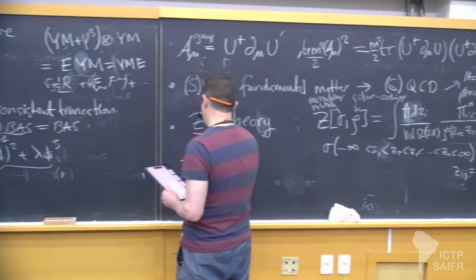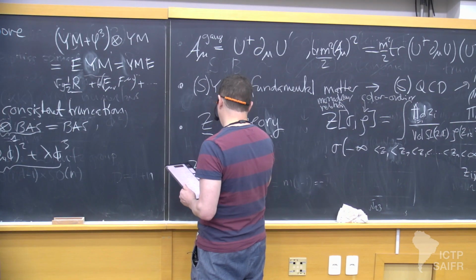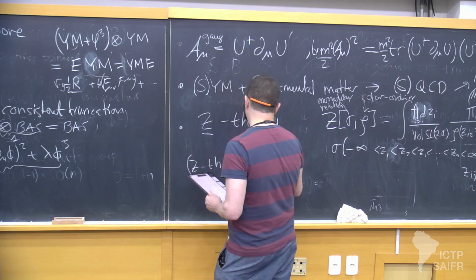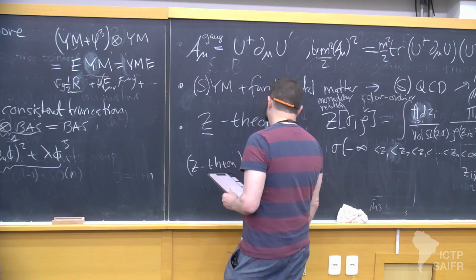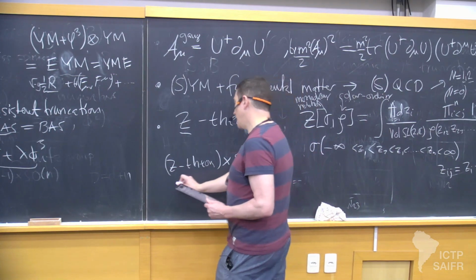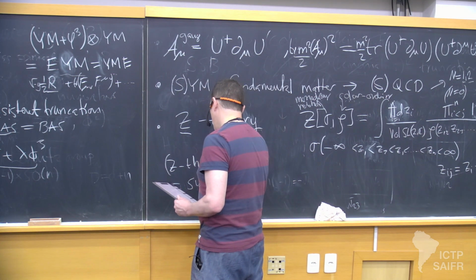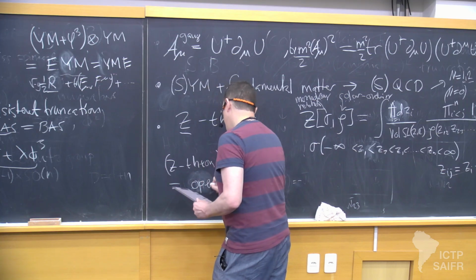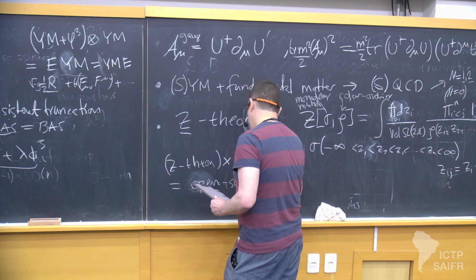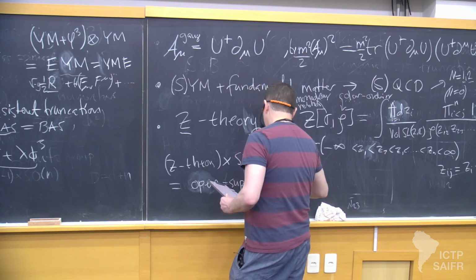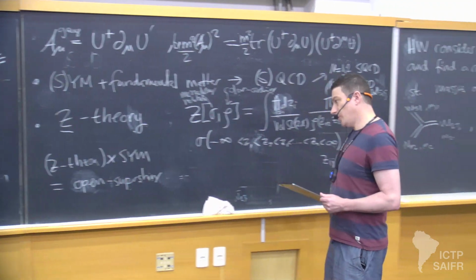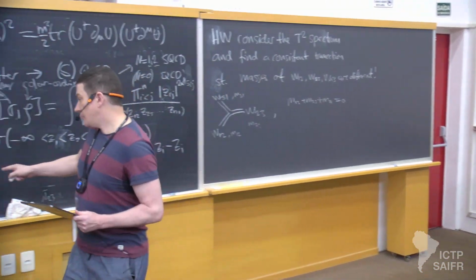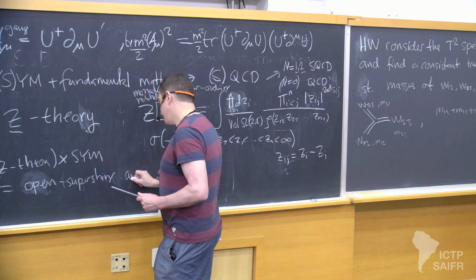So if you take Z theory, and double copy it with super Yang-Mills, then what you get is actually the superstring, well, let's say open superstring amplitude at the lowest order in the string coupling expansion.